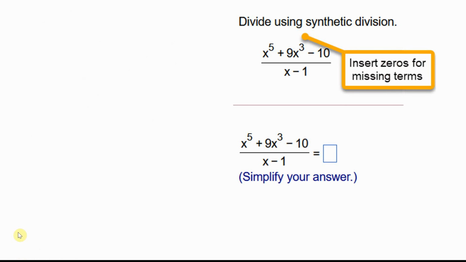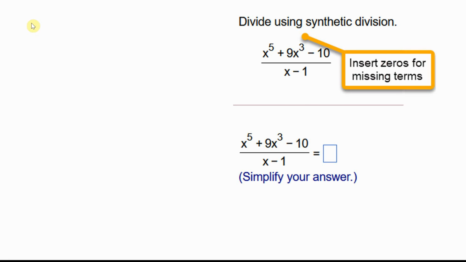I want to show you this one. Here we're dividing by synthetic division, but it's missing some terms. What terms are missing? 4, 2, and 1. Okay, x to the 4th, and x to the 2nd, and x to the 1st. Good job, you're exactly right.